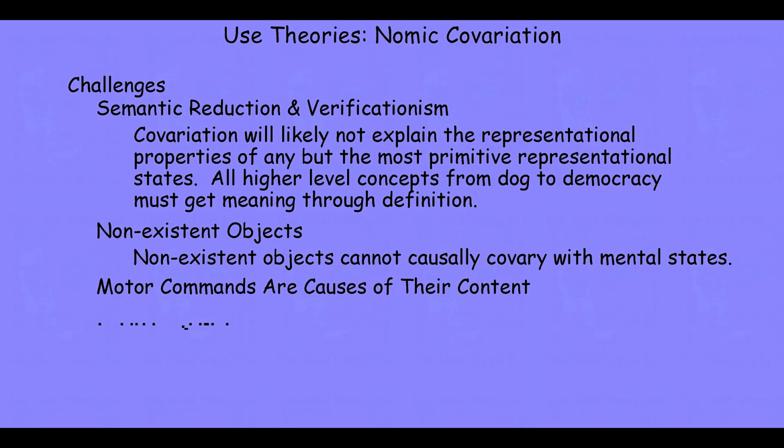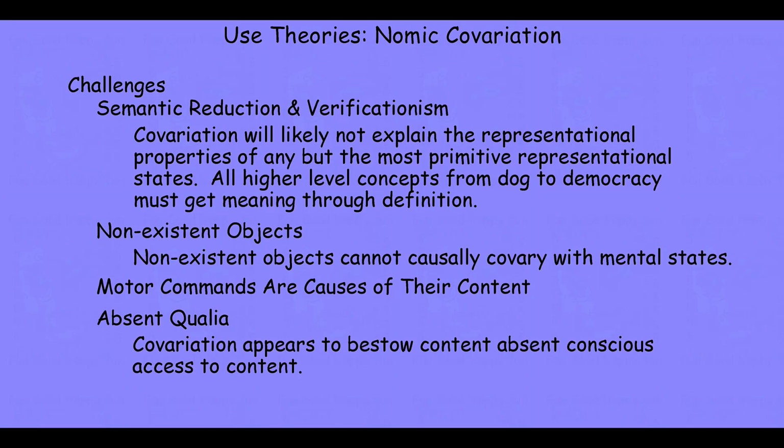The final challenge we'll consider in this lecture module has to do with absent qualia. Covariation seems to relate states to features, objects, events, and relations in the world in a manner that doesn't have any bearing upon our ability to access those representational contents consciously.